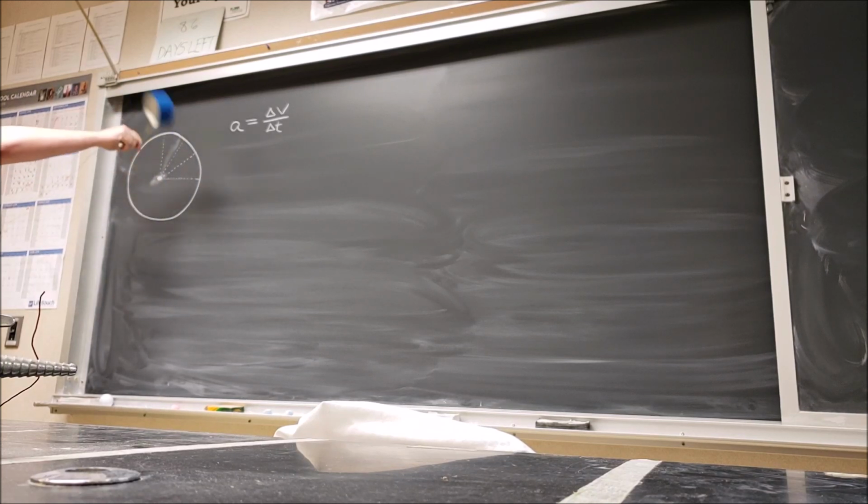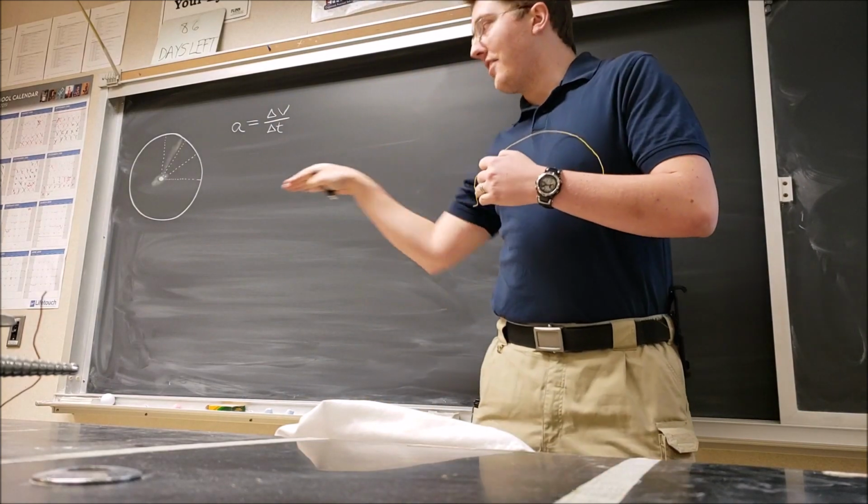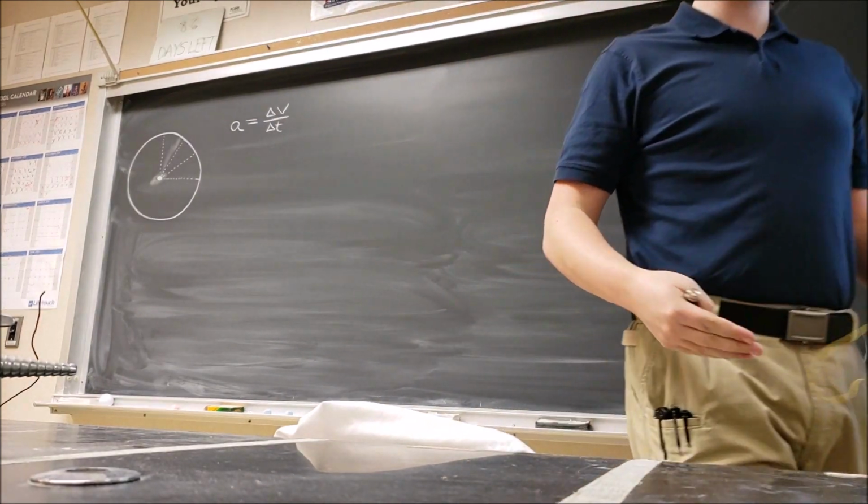So it's not like you are applying any sort of angular acceleration to this. It's just a constant speed, but it's constantly changing direction too. Look at that. And if it breaks, it travels off tangent to where it was traveling, right?